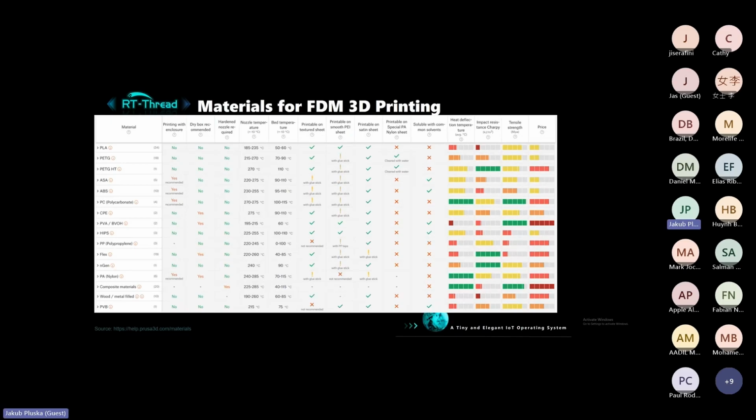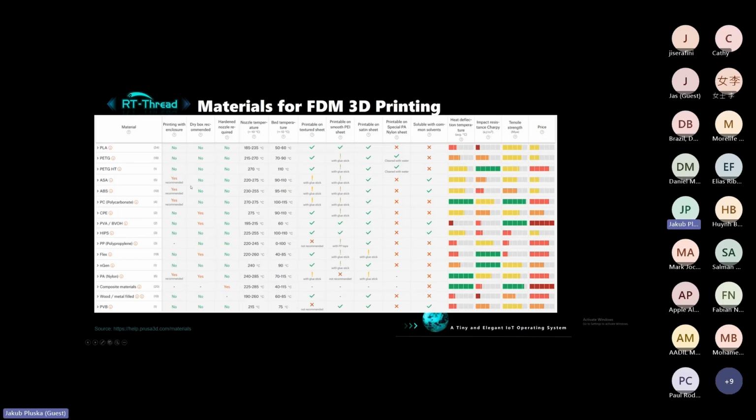However, I do not recommend using them outside. I made the mistake of printing an iPad holder for my car, and after half an hour it was like a banana. I forgot about the temperatures. When I changed to ABS, which was more difficult to print, I got the proper temperatures.